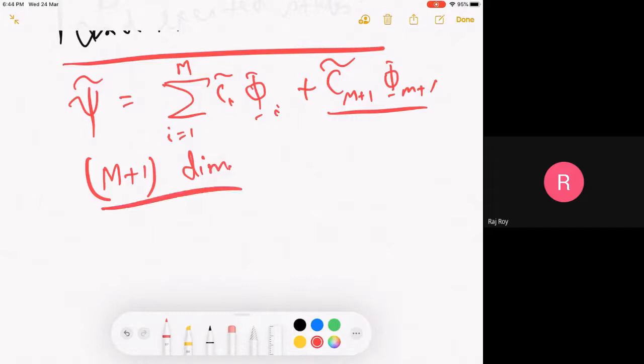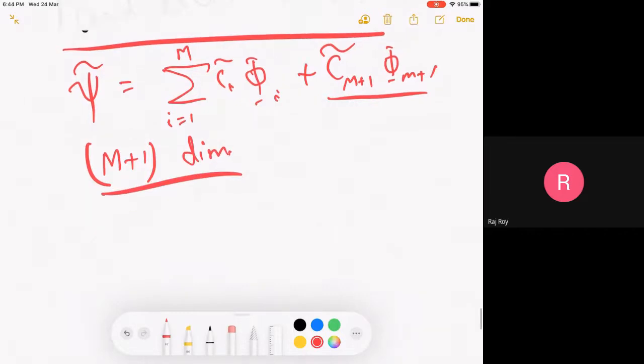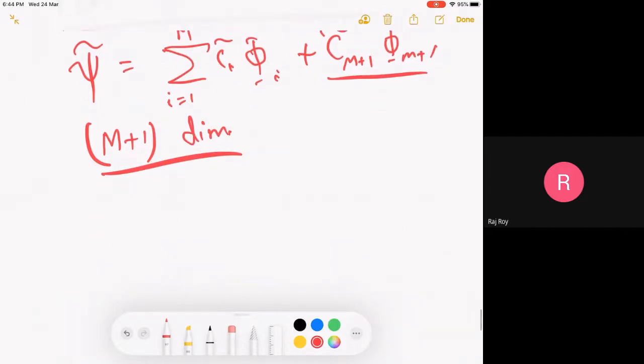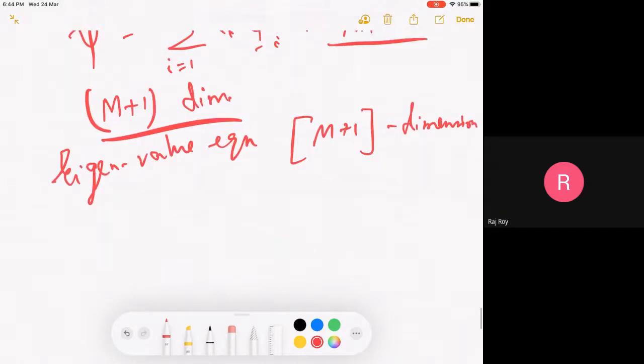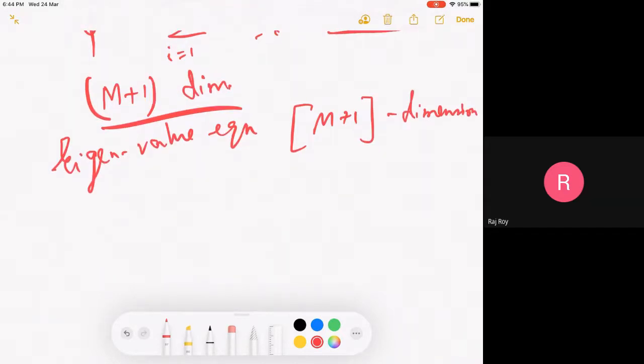I have increased the dimension of the problem. If I do linear variation, I will again get an eigenvalue equation, right? But in m plus 1 dimension. That is a very important part.